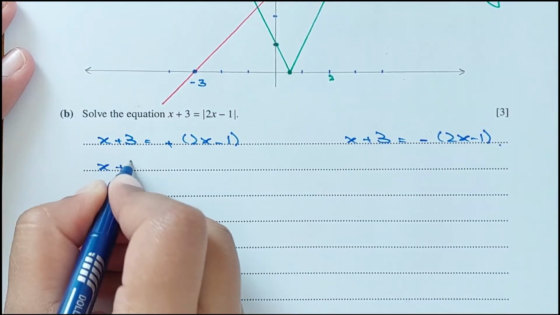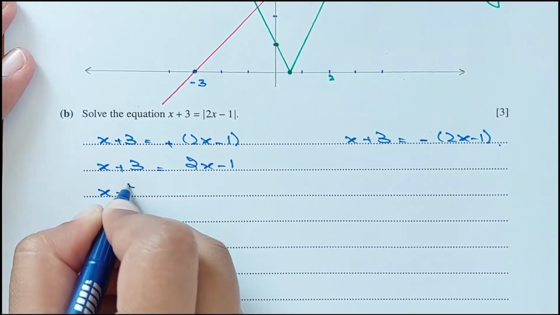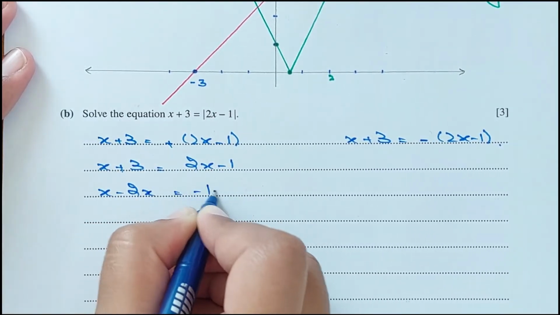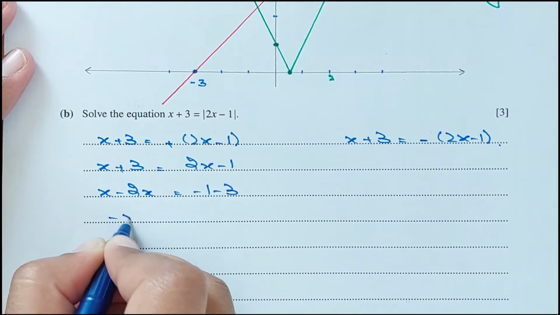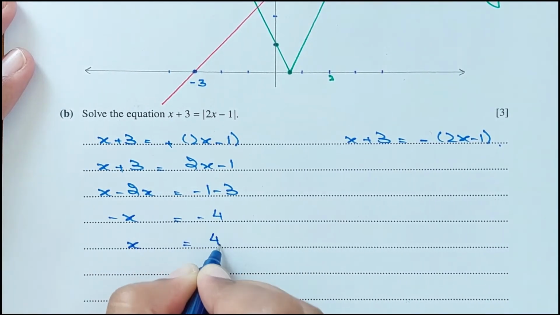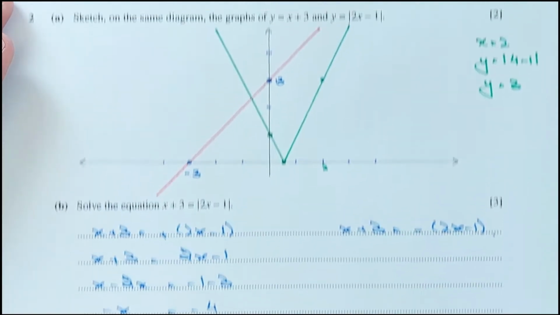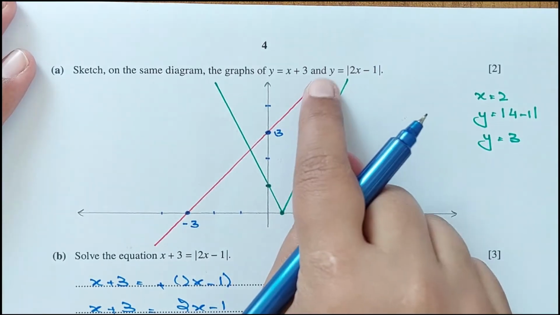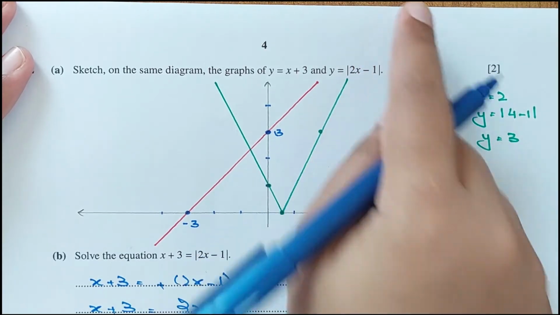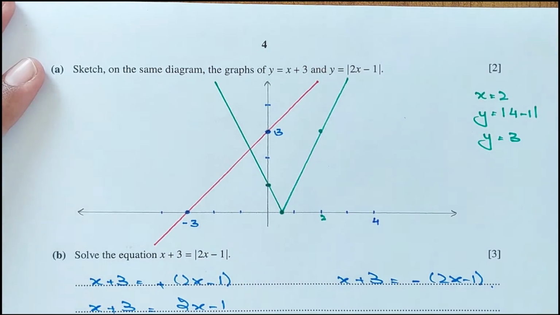This is x plus 3 equals 2x minus 1, x minus 2x equals minus 1 minus 3, minus x equals minus 4, so x value is equal to 4, right? Not the x-intercept, we have the point of intersection, right? So as you can see, if I extend this line and this v-shaped graph, it will meet at x equal to 4, this point at 4, right?